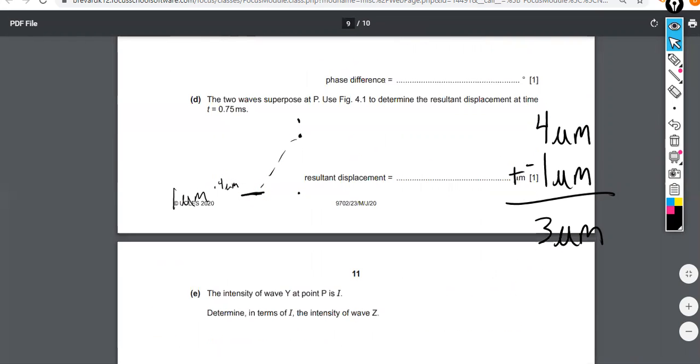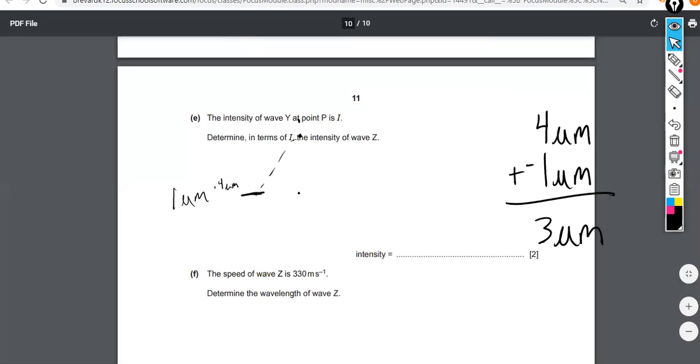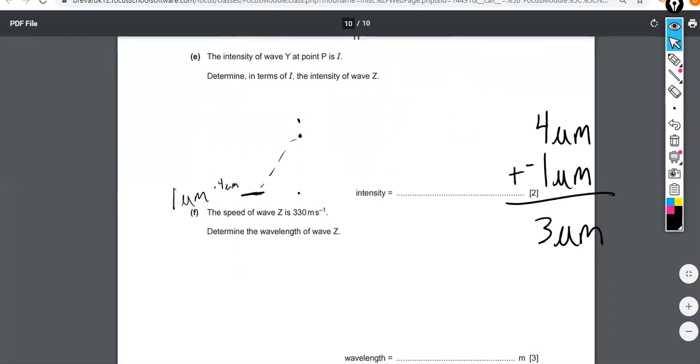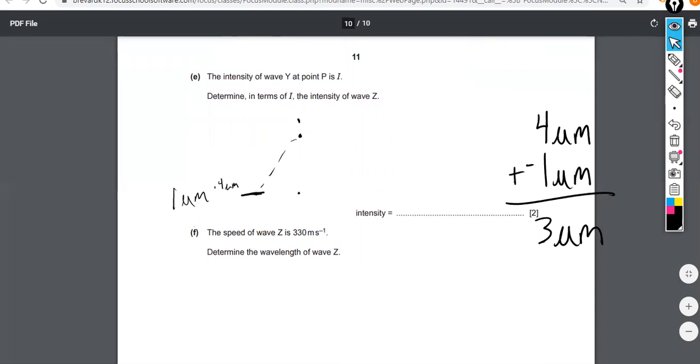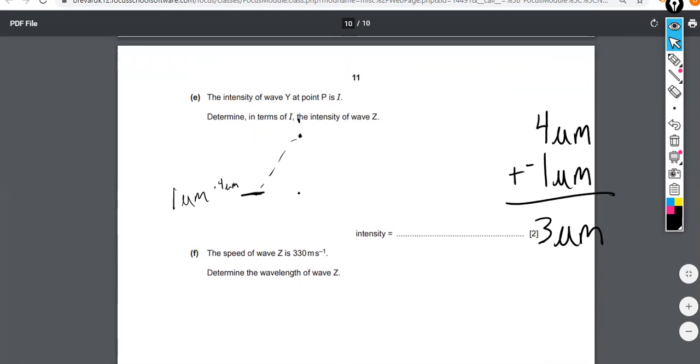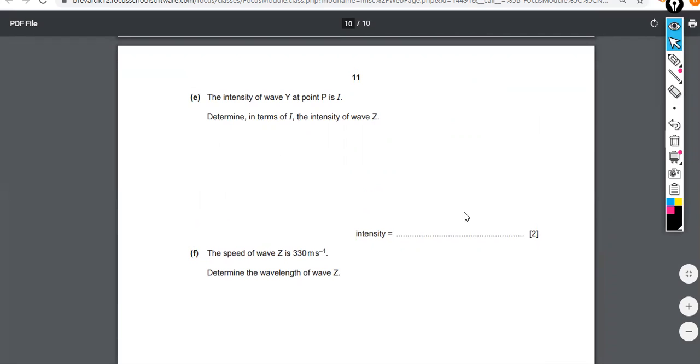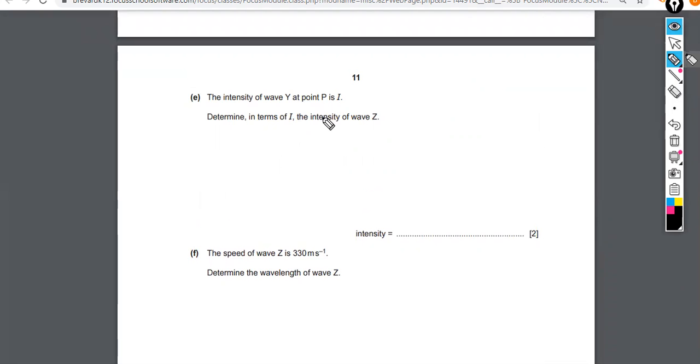All right, so finish this one off here. It says the intensity of wave Y at point P is I. Determine in terms of I the intensity of wave Z. In terms of I. So start with, okay, intensity I, and what can we read off the graph was the amplitude.